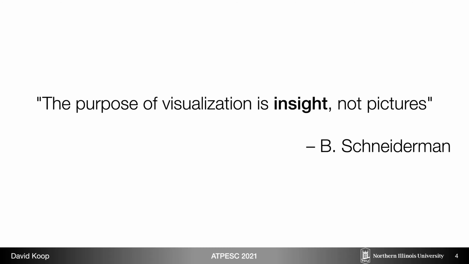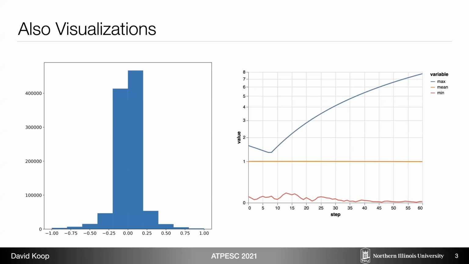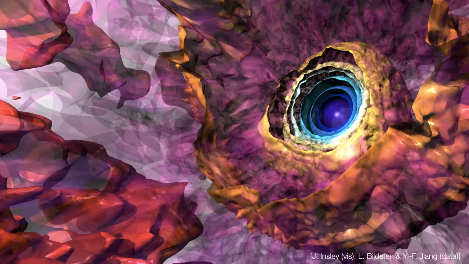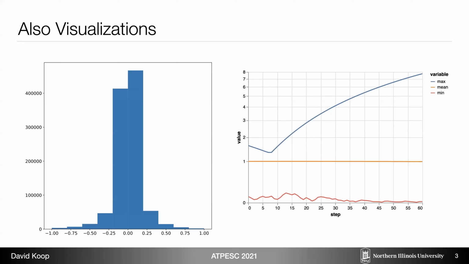So that insight becomes important. And sometimes that requires nice visualizations like this that embody the physical manifestation and can align with how we understand the world, but also they can be these more mundane plots as well.